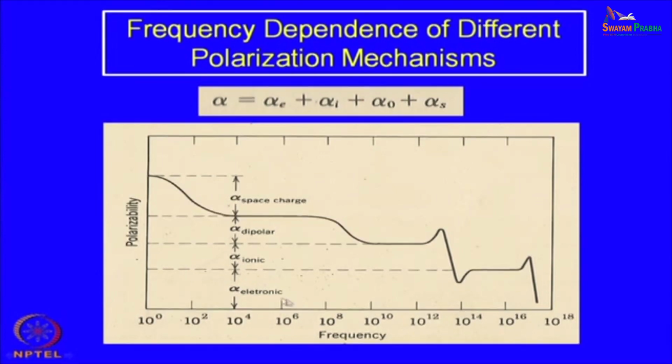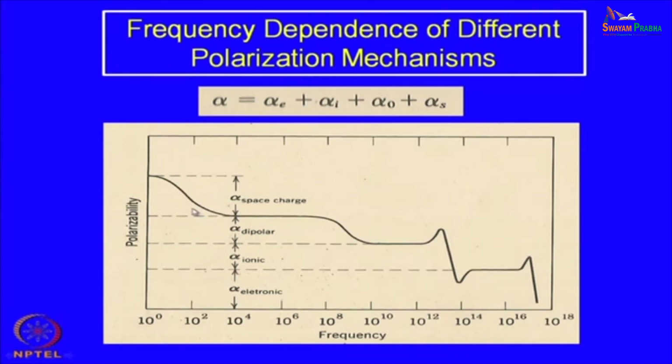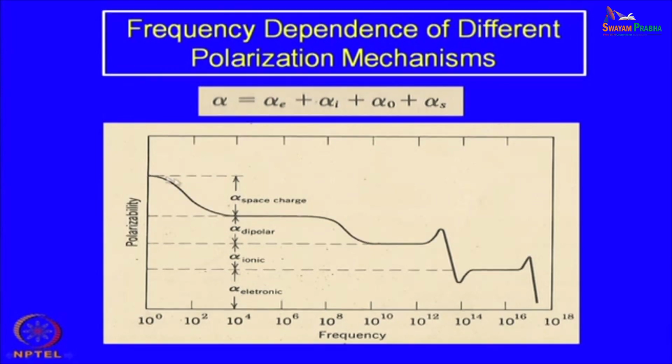The slowest process of course is the space charge. So, it can respond only at a low frequency. If you increase the frequency, the space charge will not be able to respond. So, there will be a plateau.